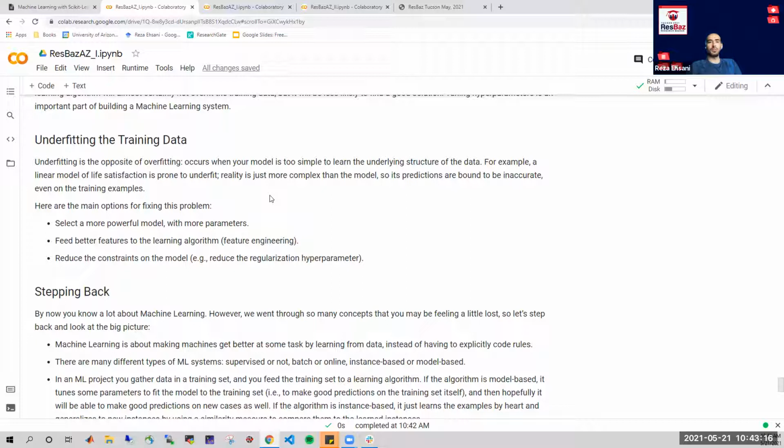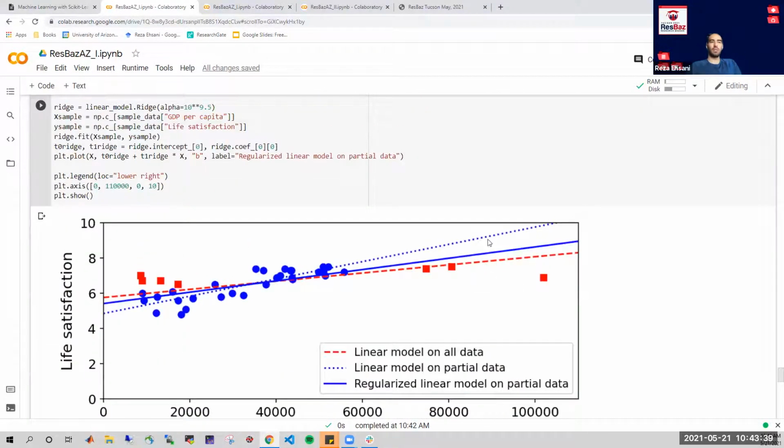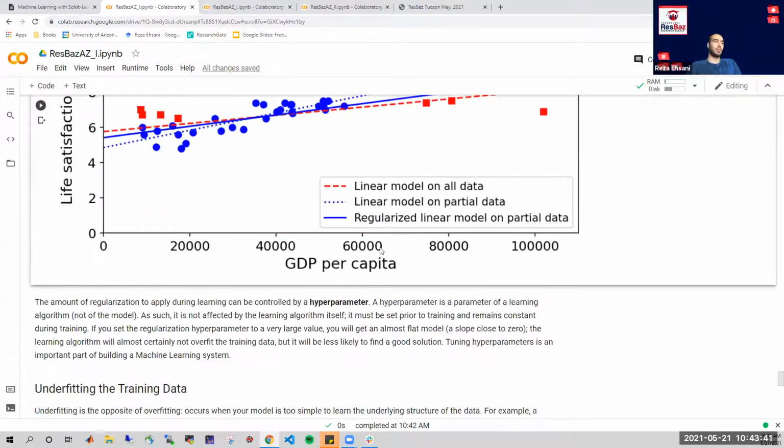So instead of the GDP itself, we can provide also the employment rate, health, pollution, and stuff like that, which we think are connected to life satisfaction. And also, we can reduce the constraints on the model or reduce the value of the hyperparameters for regularization, which we already did, and we saw how it will impact the results.